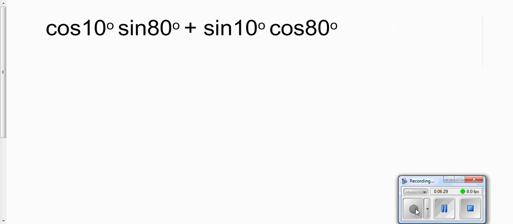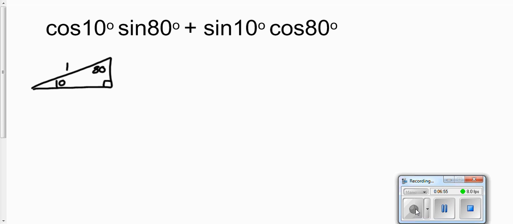I'm given this equation here, and I want to solve it without using my calculator and get an exact value. So first thing I'm going to do is draw a triangle with a hypotenuse of 1. Labeling my angles, let's say this is 10 degrees, this is 80 degrees, right angle, hypotenuse of 1.